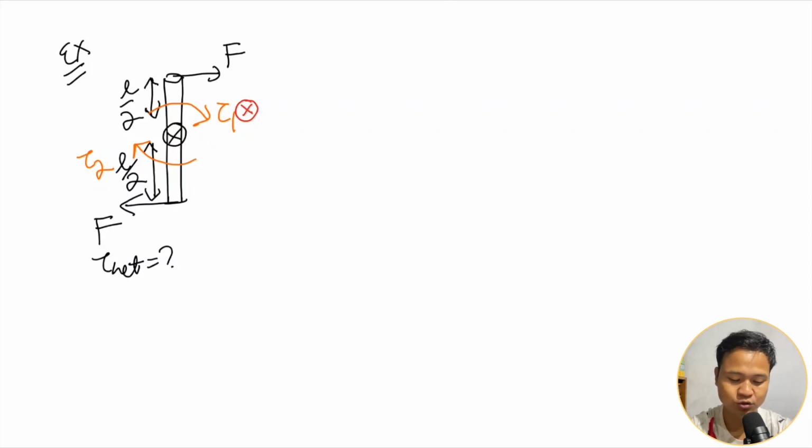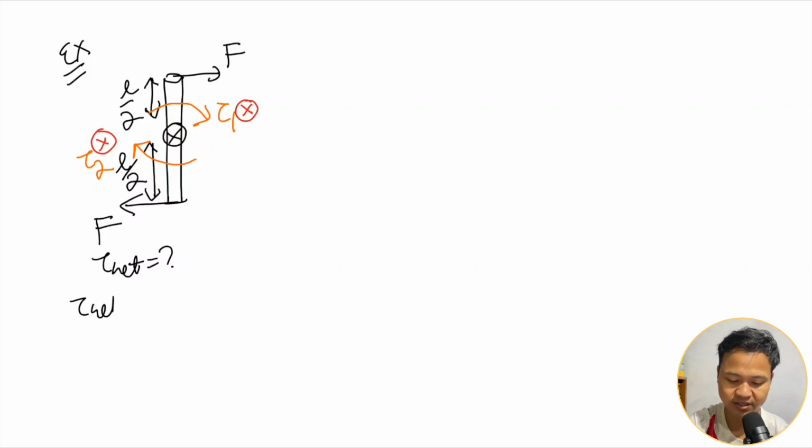Similarly for torque 2, applying the right hand thumb rule, if I rotate it clockwise, my thumb will be going into the page, inwards. So torque 1 is inward and torque 2 is also inward, so the direction is the same and I can just add them.